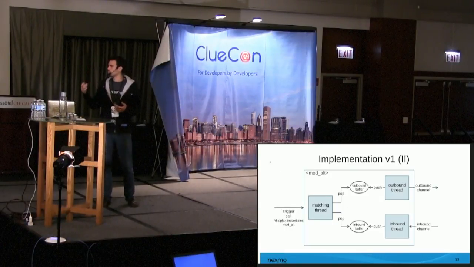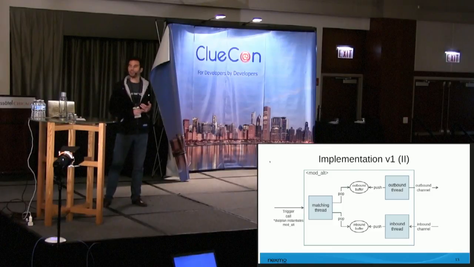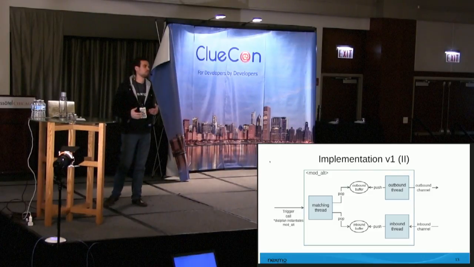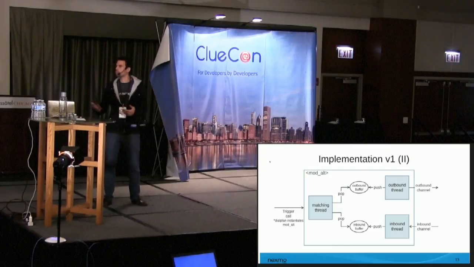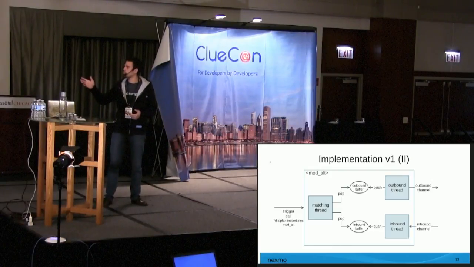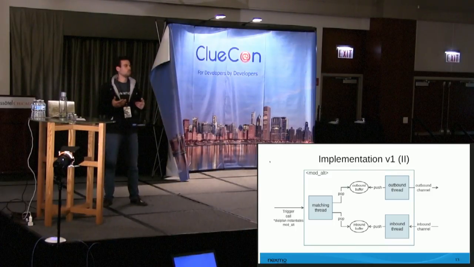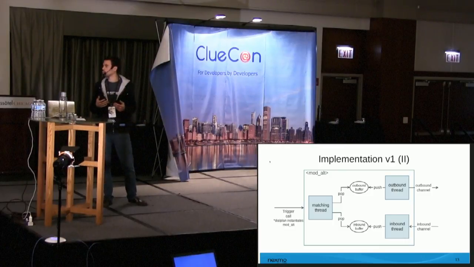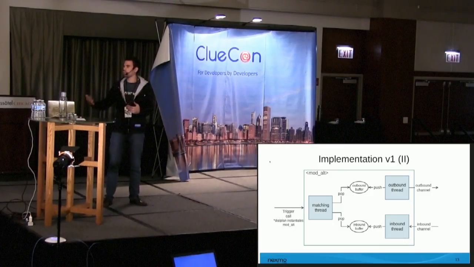So here's the architecture of the module. For each call that's placed for performing the analysis, we have 3 threads that are set up and run: the outbound thread, the inbound thread, and the matching thread. The outbound thread is basically responsible for writing the data on the outbound channel.